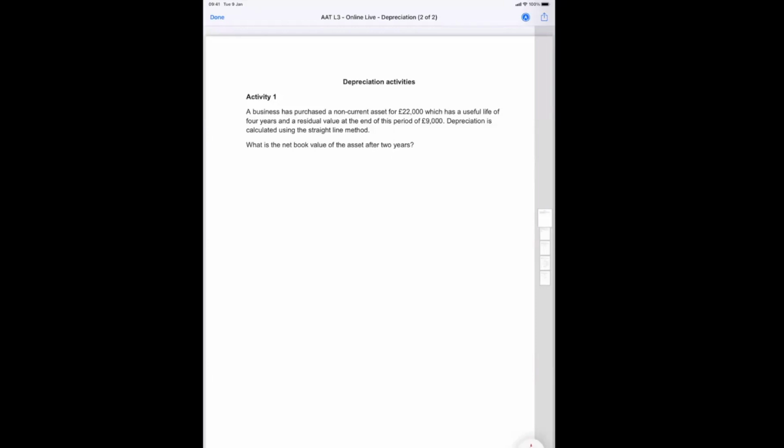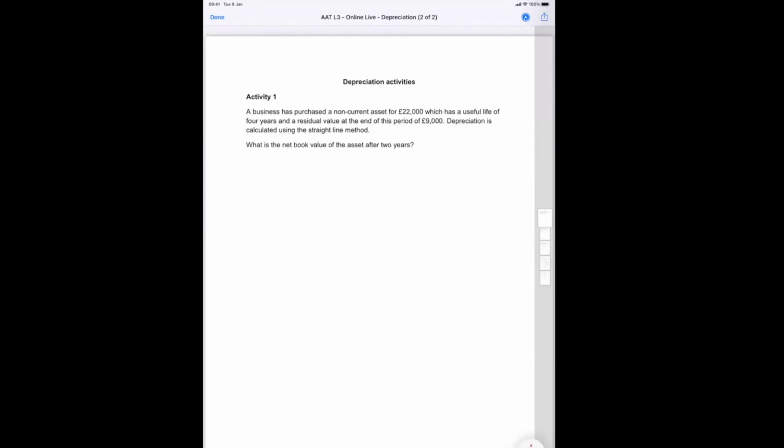Just before we get into this, what is depreciation? It's part of our year-end adjustments, which we have to complete, where we calculate the loss in value of our non-current assets over a period of time.